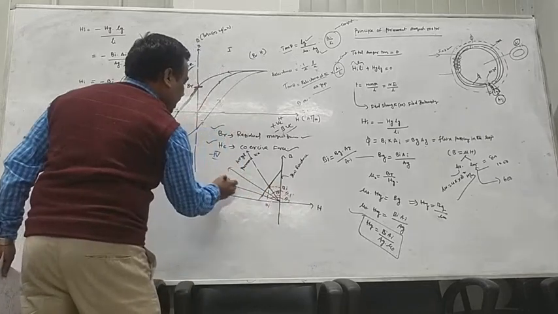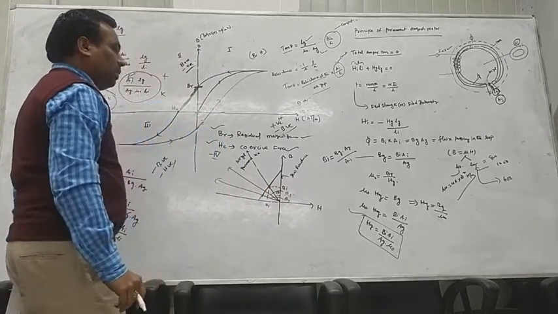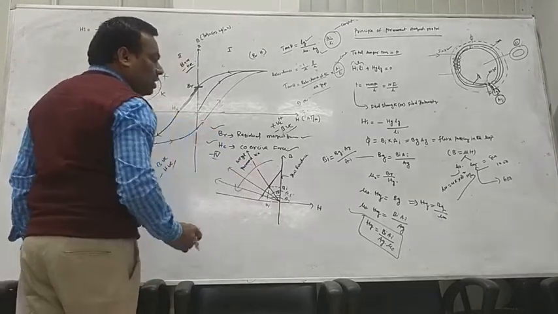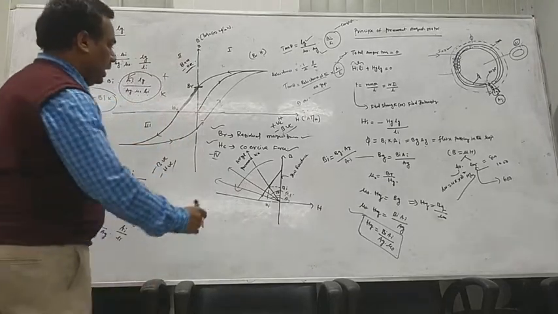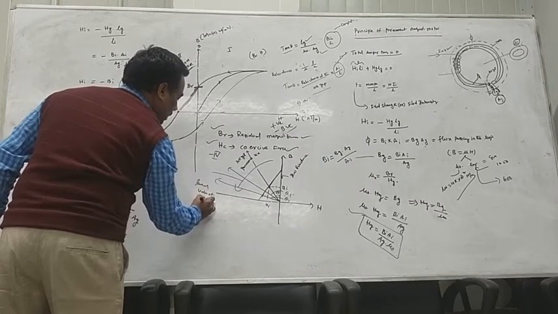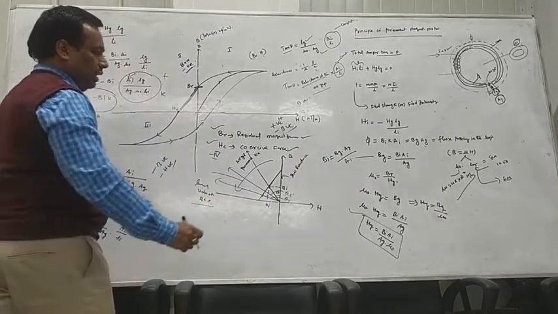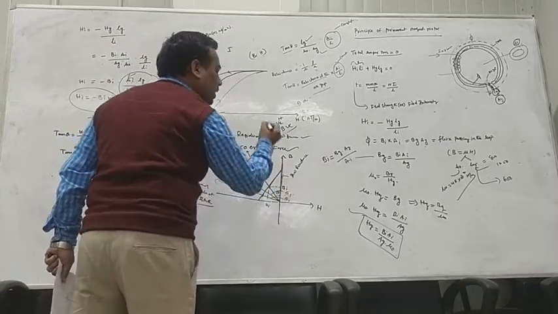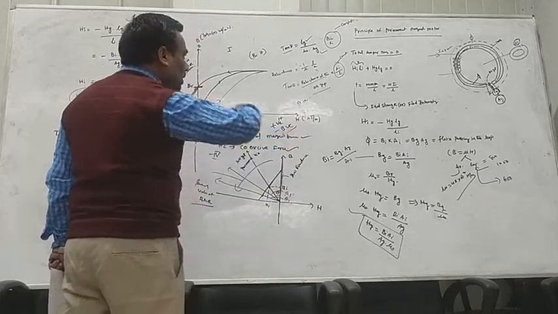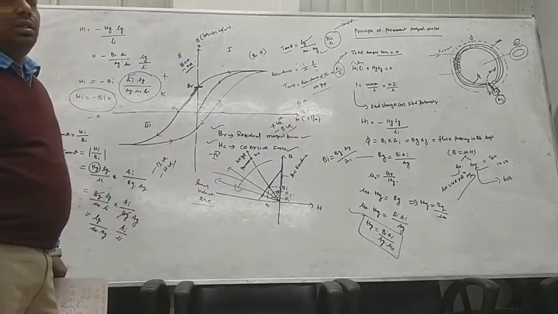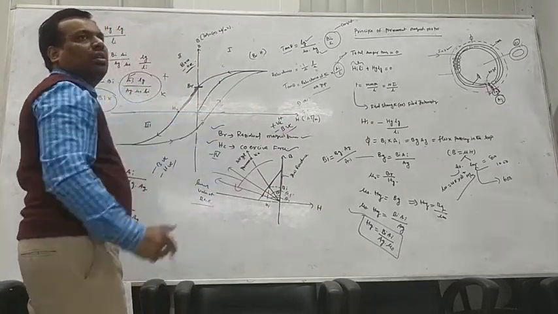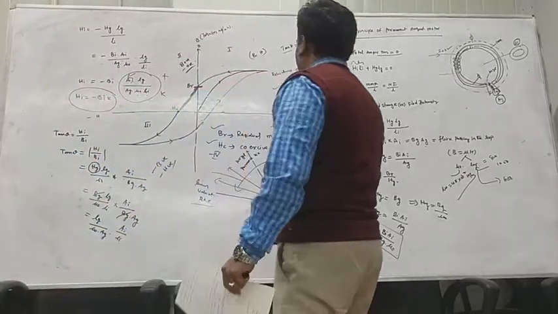As I increase the air gap permeance line, this is a larger value of reluctance. When theta is 0, reluctance is also 0. When theta increases, reluctance also increases based on this relation.